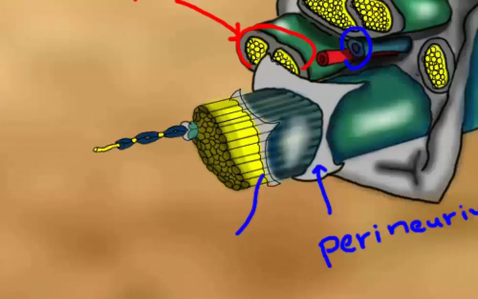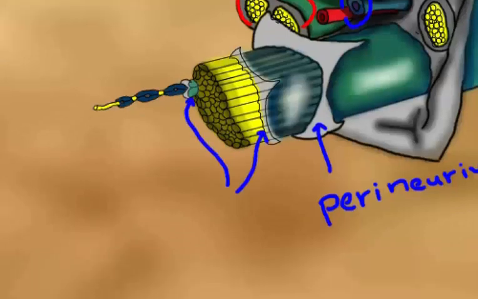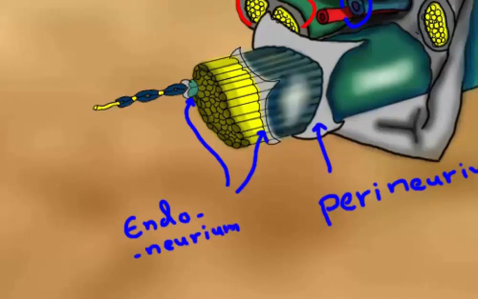Within the fascicles, we find the axons of the neurons. Each axon is covered by a layer of connective tissue called the endoneurium. The endoneurium contains fluid and protein, which helps in maintaining homeostasis for the neuronal cells.